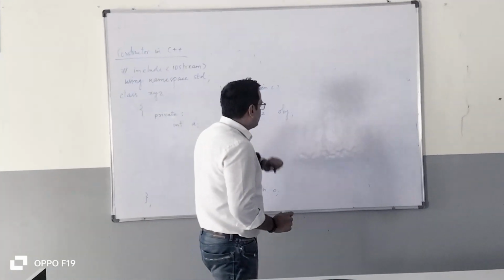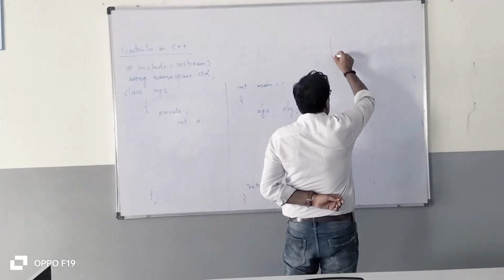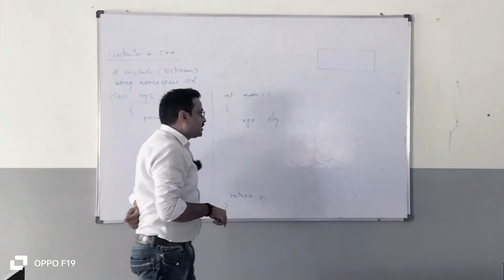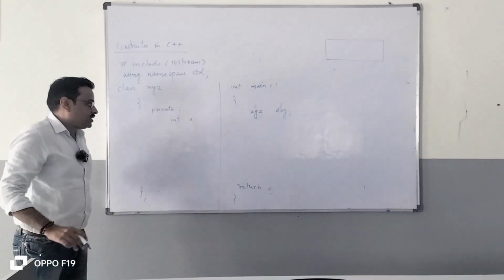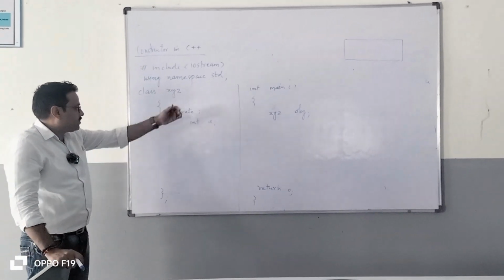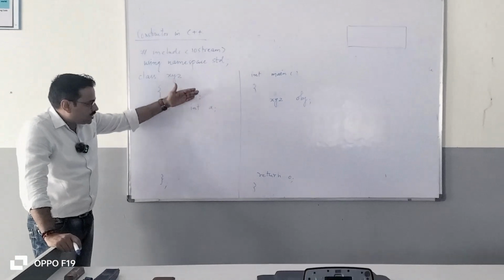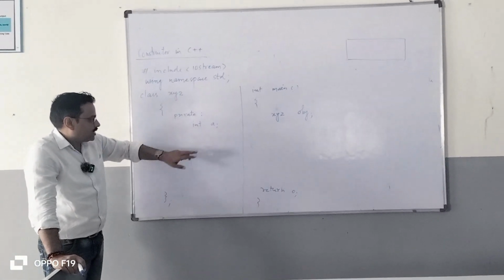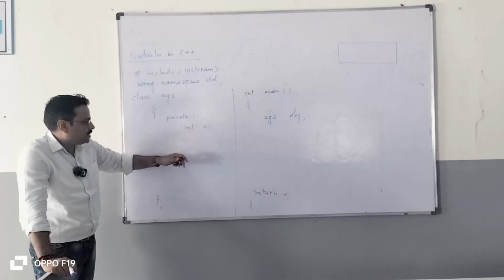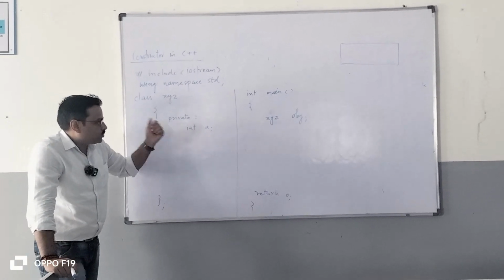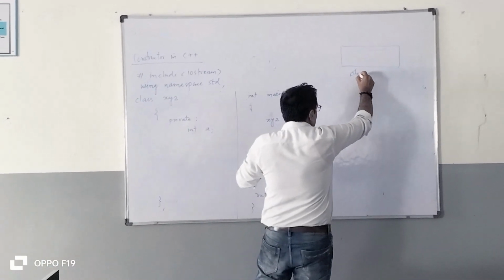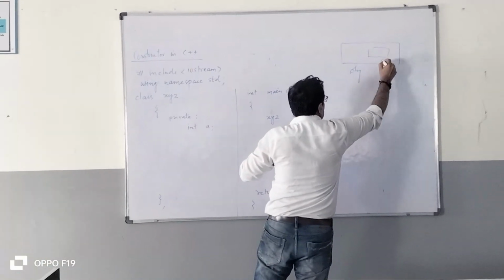How this object will be created? In the memory, a space will be allocated for this object. Now question arises, how much space? The space will be calculated by how many data members we are having in that class. Only one data member we are having in this class, and the size of this integer is 4 bytes, and this a. So inside the memory of the object, an a will be created.